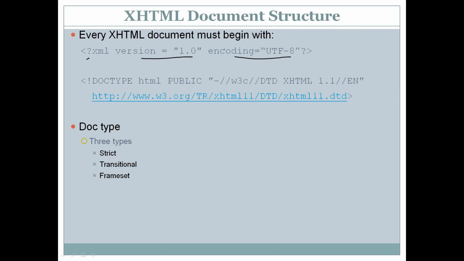Then the second line was the document type definition, that is DTD, or we call it the doctype. The XHTML standard defines 3 document type definitions, and these 3 are strict, transitional, and frameset. The most commonly used and easy one is the XHTML transitional document.